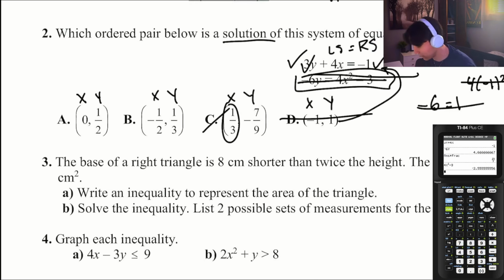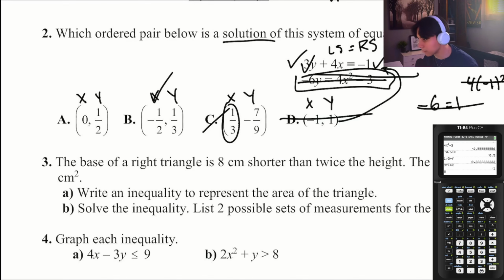Moving on, we have choice B. We have negative 0.5, which I'm going to store as x. And again, I'm just testing all of this in my calculator. And we have 1 over 3, which I'm going to store as our variable y. So 3y plus 4x is the equation, and you're seeing if left side equals right side. In the first one, again, it does. Looking good.